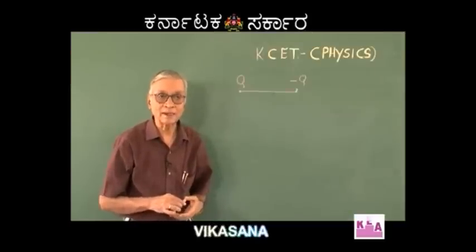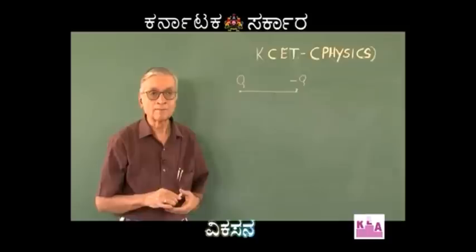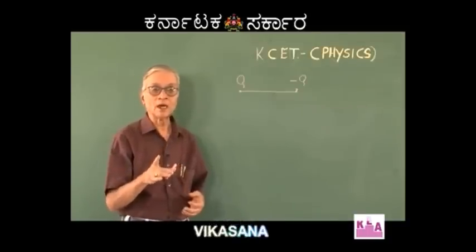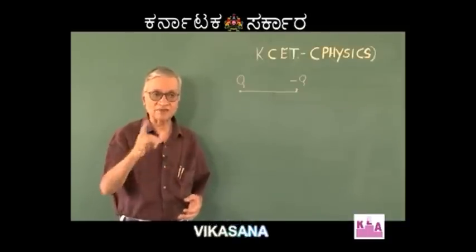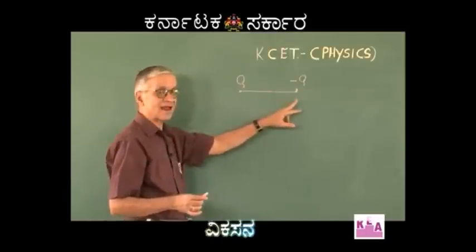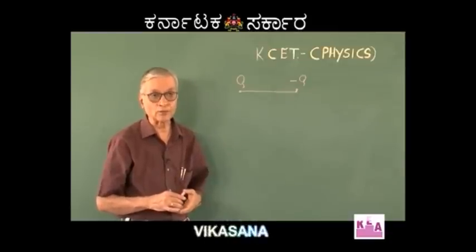Please note one very important point here. To decide where the null point lies, please note one thing, that null point should be closer to the smaller of the two charges. Here, that question doesn't arise because the two charges are equal in magnitude.